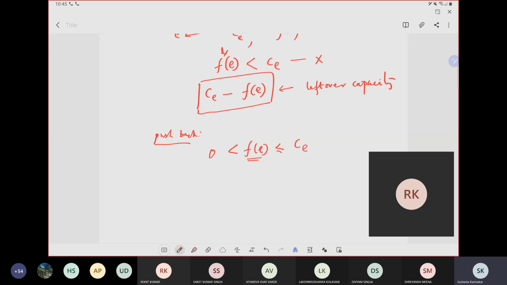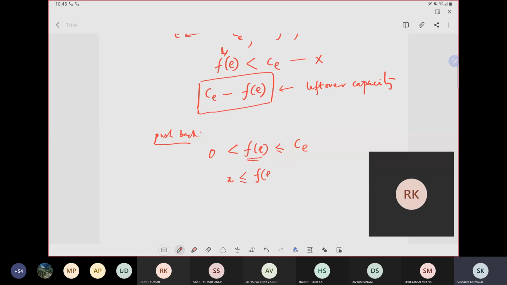Then I can push back some quantity, let's say I designate it by X, but that quantity can be less or equal to FE.